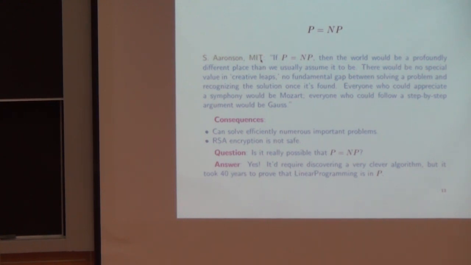All it will require is discovery, very clever algorithms. And actually, we are very good at coming up with clever algorithms. You have to remember linear programming: it took 40 years before people found a polynomial time algorithm for linear programming. It took a long time, but people came up with a very clever algorithm based on interior methods.